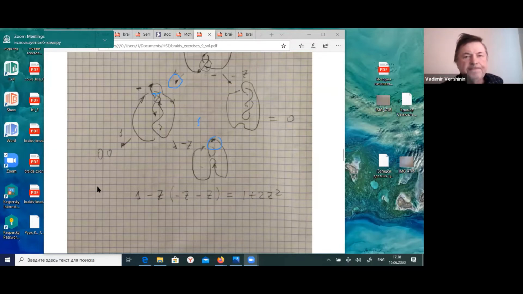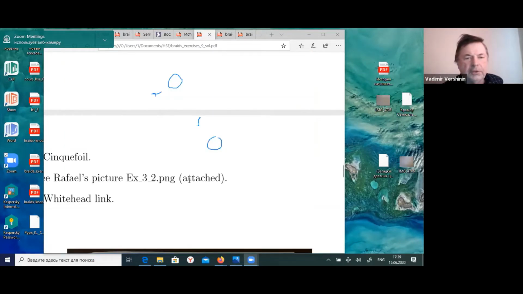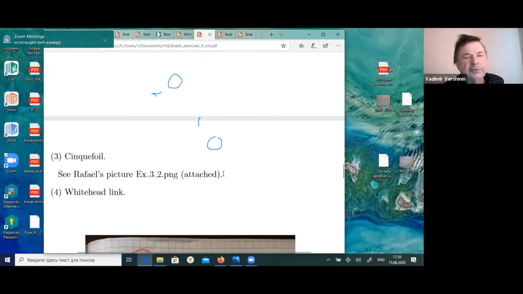The proof for that: we considered cinquefoil, the torus knot. His calculation is okay.